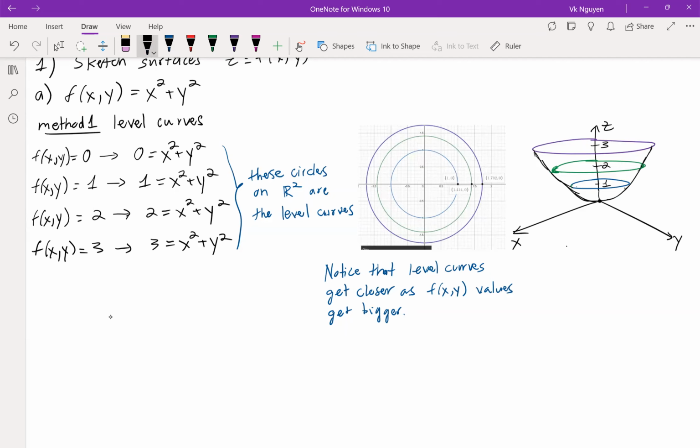A paraboloid. The reason why it is called a paraboloid is because of method number 2.